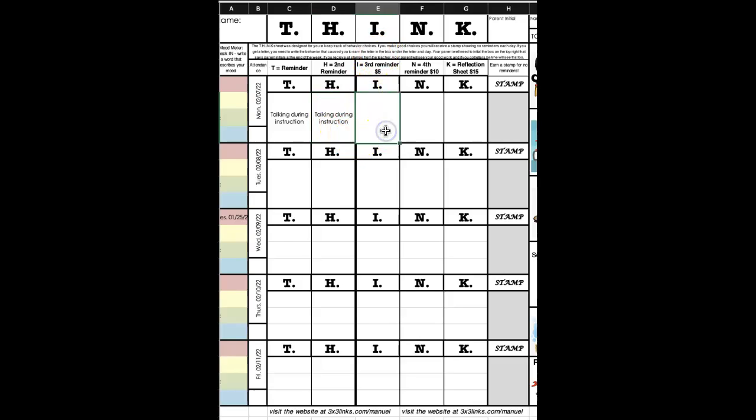And then when we get to the I, it becomes a little bit more serious, because you'll see this black line that divides the T and H from the I and K. Well, now you're going to start having to pay some money for the reminders that you're getting.